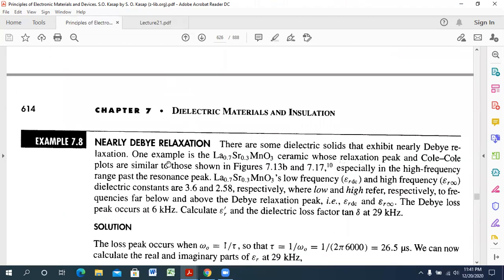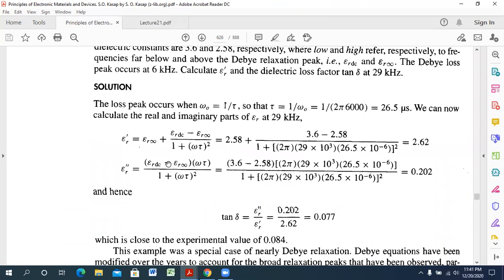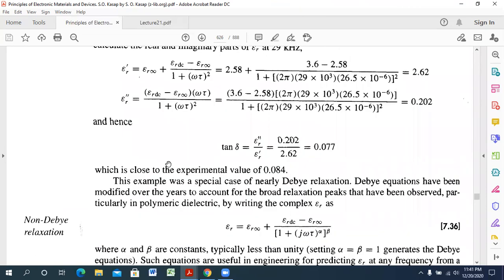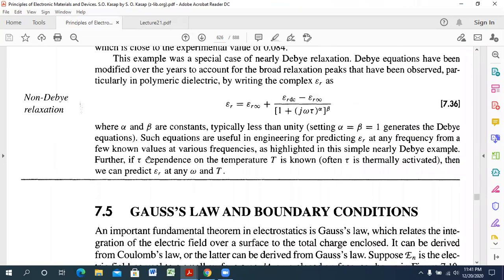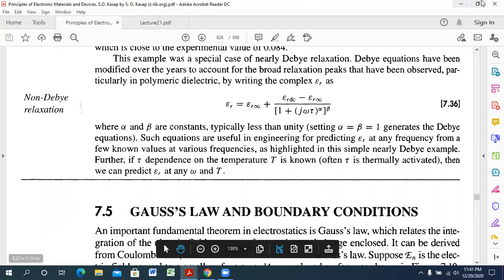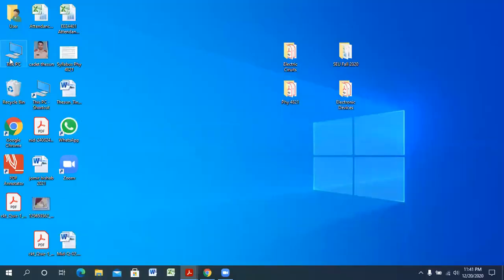You can also go through these things and try to solve example number 7.8. This will be the end of article number 7.4. There is no need to go through article number 7.5 because these things are not included in our syllabus.